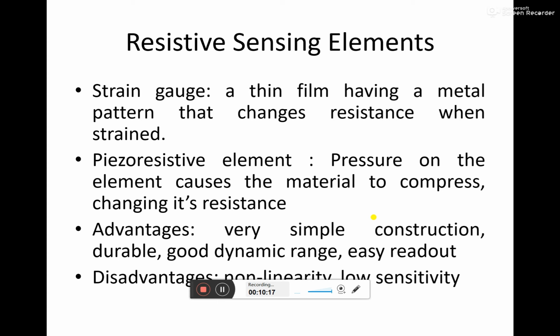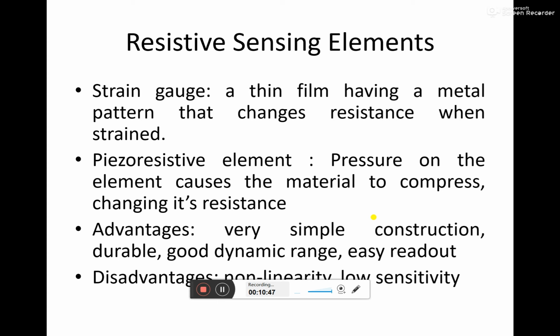People mostly use this because the construction is very easy and also very durable. Even applying massive or varied loads, it works very effectively, has a good dynamic range to measure the values, and the values are easy to read.